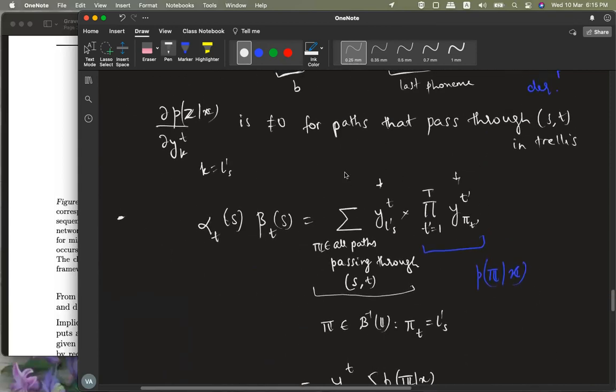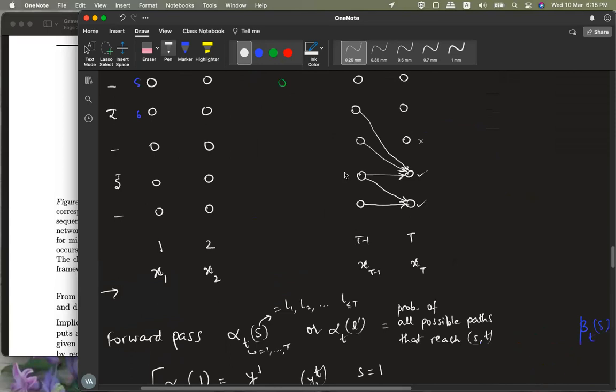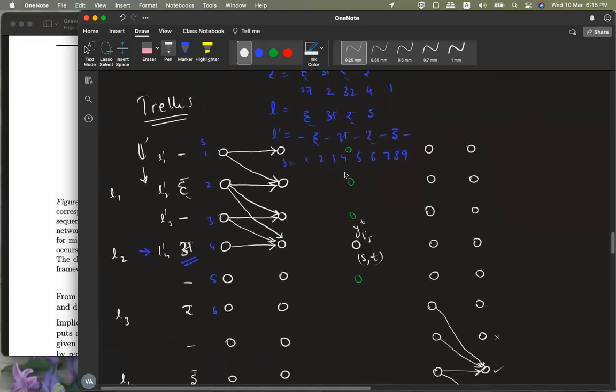When I was deriving alpha, the trellis, one more case needs to be considered. What will happen if we have double letters, like kacha, which means ka, cha, cha, a.